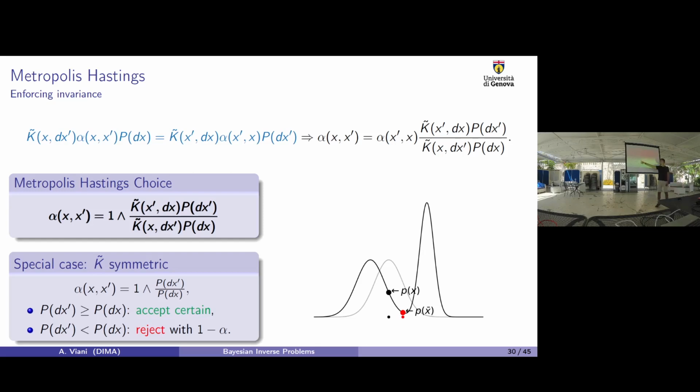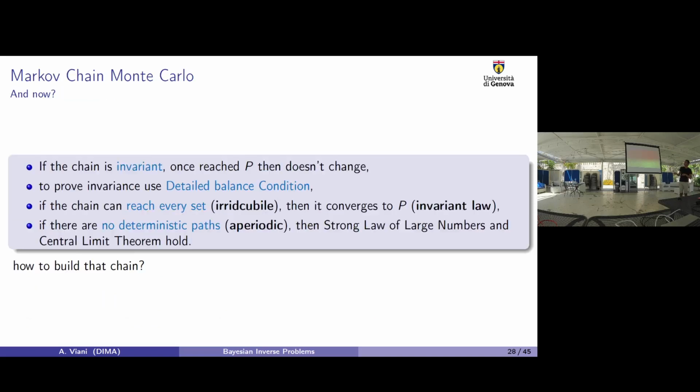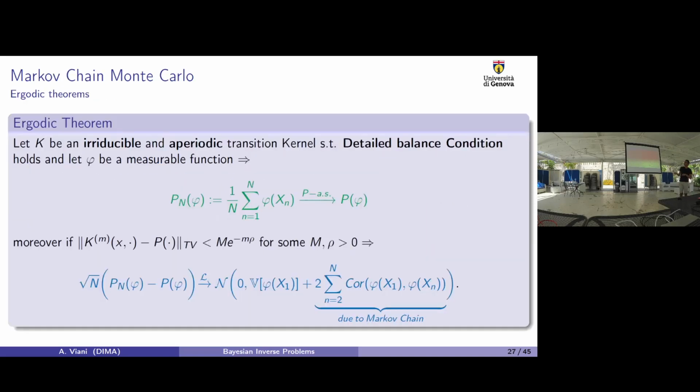But K tilde has to be chosen in such a way that we can reach every point of the space, because we need irreducibility. Gaussian distributions as the kernel choice are always good because they have an infinite support.